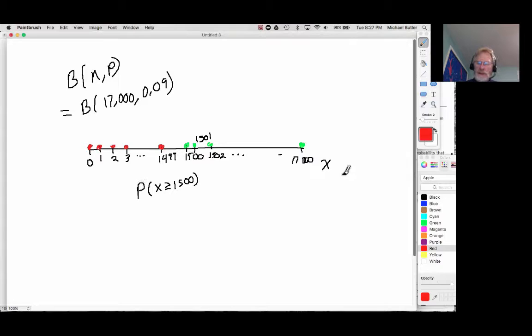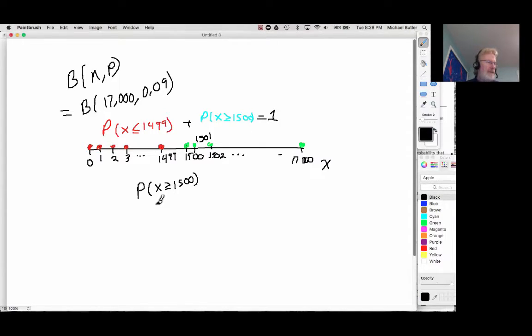So we're going to have to be a little bit tricky here, because what we need to realize is that this red stuff right here is the probability of x being less than or equal to 1499. If we add that to the green stuff, which is the probability of x being greater than or equal to 1500, the cyan stuff, that's got to add up to 1.